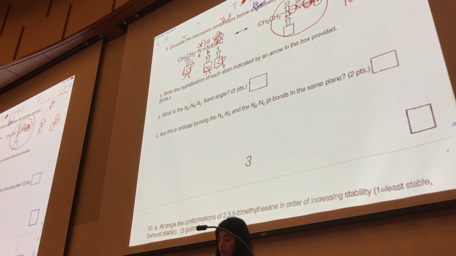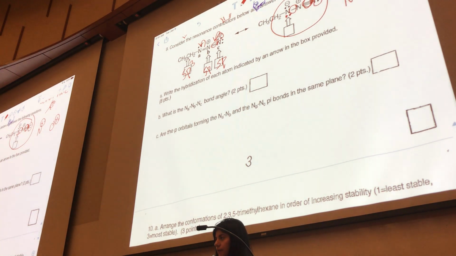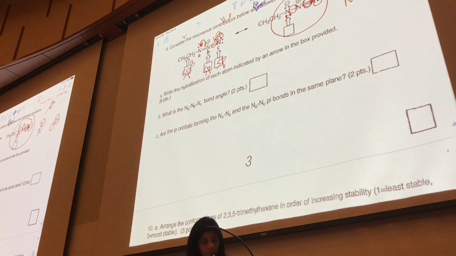It can't be pentavalent. So it came down and formed a triple bond, and then the double bond became a lone pair of that one. Exactly. So that double bond moved onto this nitrogen here, giving it that second lone pair. Does that make sense? Awesome. Okay, so we put SP for that.